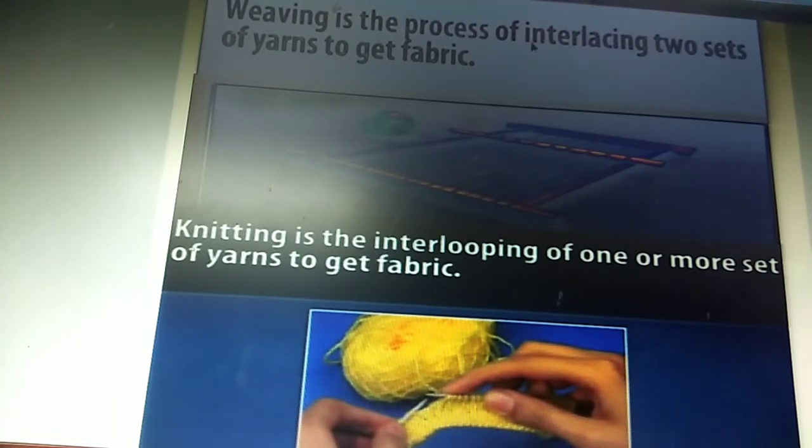Weaving is nothing but arranging two sets of yarns and interlocking them to get a fabric. That is called weaving. Knitting is interlooping of one set or more sets of yarns to get a fabric, such as a woolen coat, woolen sweater or socks. This may be by hand or by machines also.